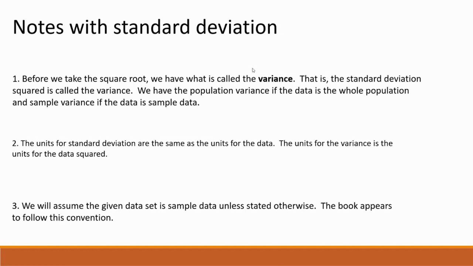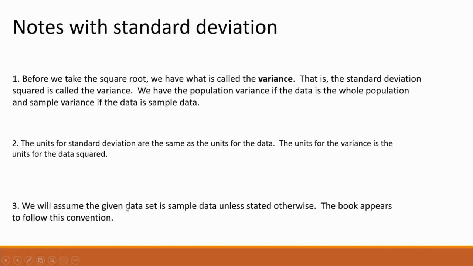And just like before, you have population variance and sample variance. You can probably guess what the difference is. Population variance is for if your data is for the whole population. Sample variance, that's just, again, if the data is sample data.